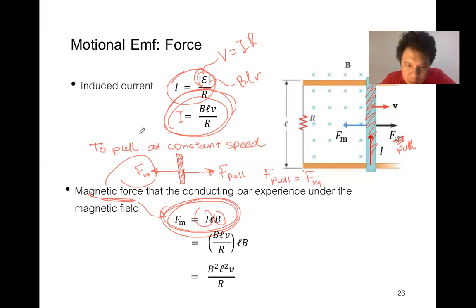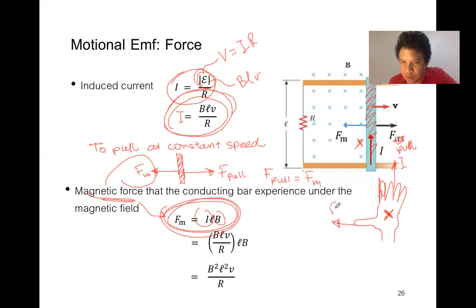So that's from F equals ILB, and I use the right hand rule. So this is the direction of I, and then I put my palm face down in the direction of the magnetic field, and then my thumb is pointing to the left.